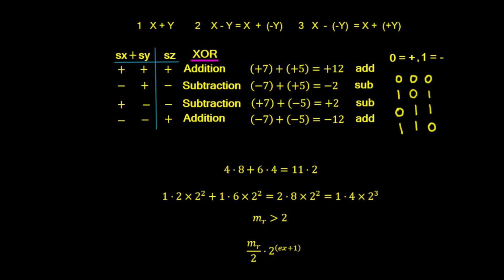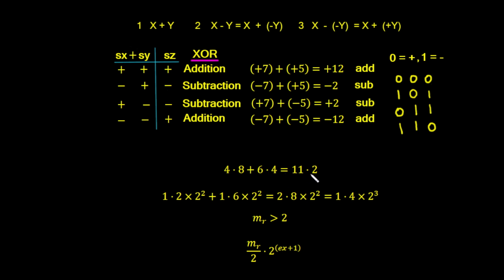Now I've worked through a little example here, but I've worked through the example rather than using the binary numbers. I've just worked through the example using decimal. It's easier to see what's happening, and it's maybe a little bit more intuitive for you. So let's say, for example, we're going to add the number 4.8 and 6.4.